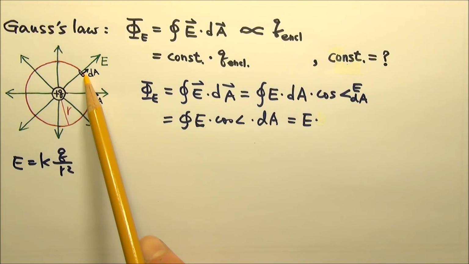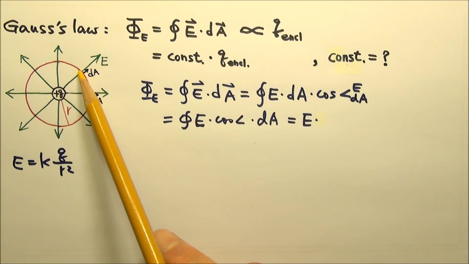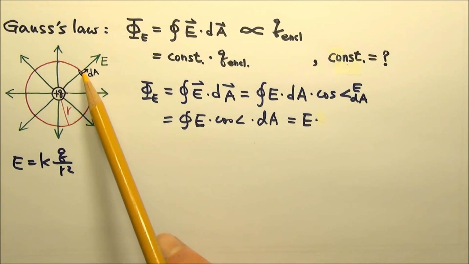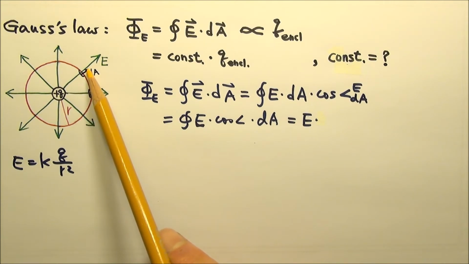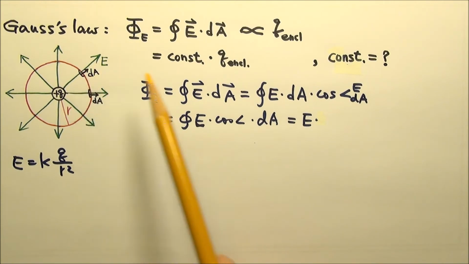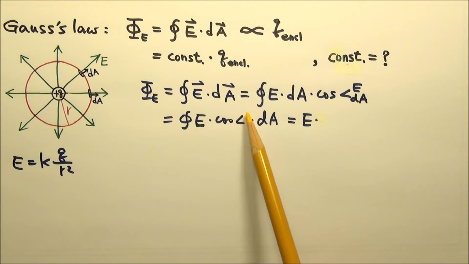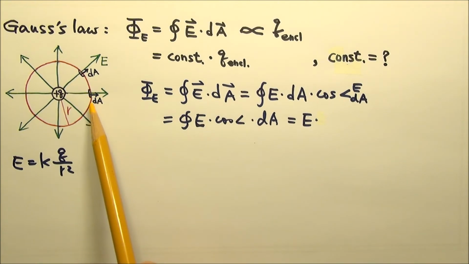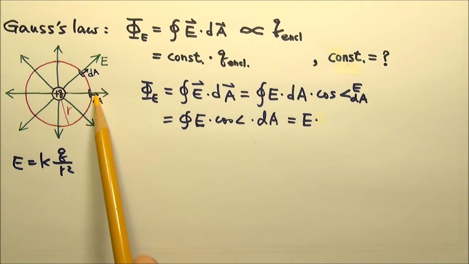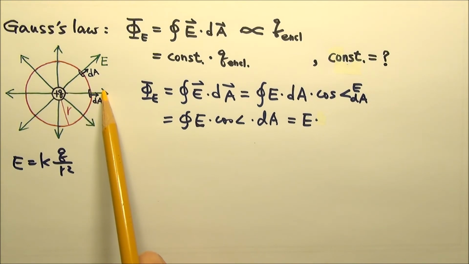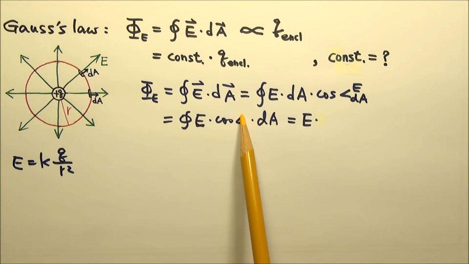If we look at this little dA, the electric field goes radially outward, and the dA's direction is the outward normal vector, so they are in the same direction, which means we have cosine 0 degrees. If we look at another dA, same, the electric field is radially outward, and the outward normal vector is in the same direction. So this is cosine 0 degrees.